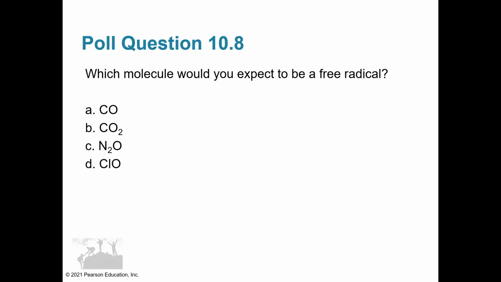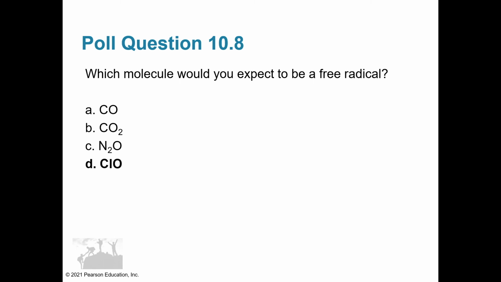Let's check for understanding. Which one of these molecules would you expect to be a free radical? So think back to what a free radical is. Pause the video, figure out what the answer is, reason it out, and when you're ready for the answer, click play.